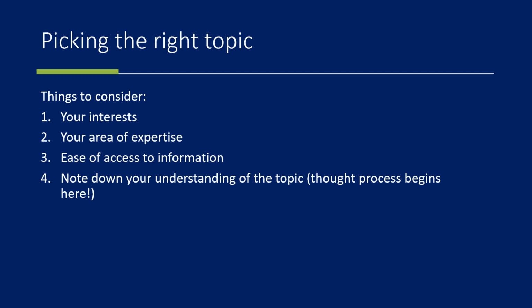And the third point is ease of access to information. When I say ease, I refer to how easily you are able to attain the information needed for your research. It could be that you find a very interesting topic, but you might struggle getting information. You might not find enough publicly available information. I'm referring to secondary information.